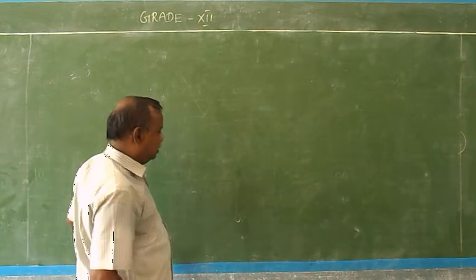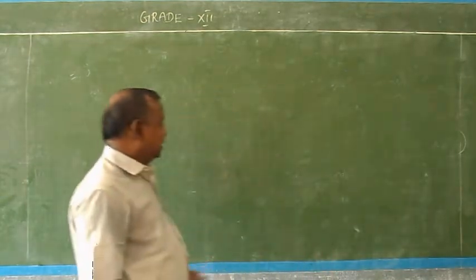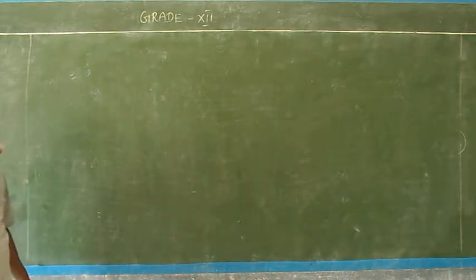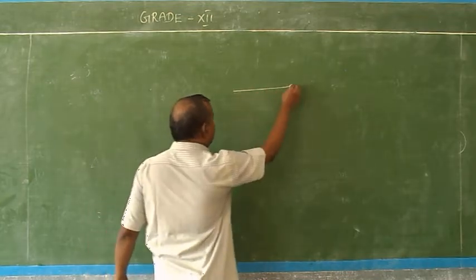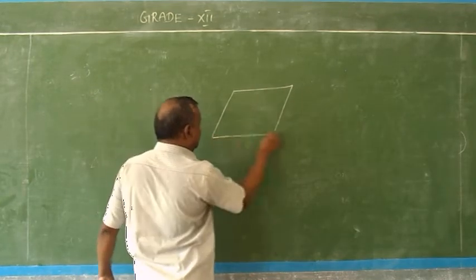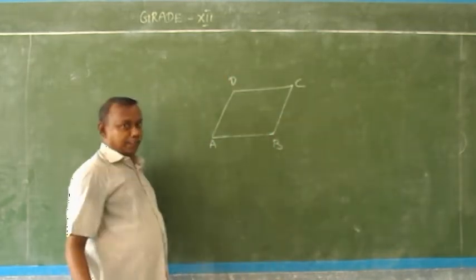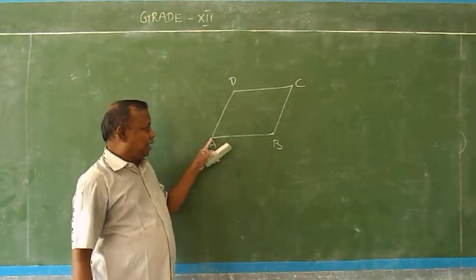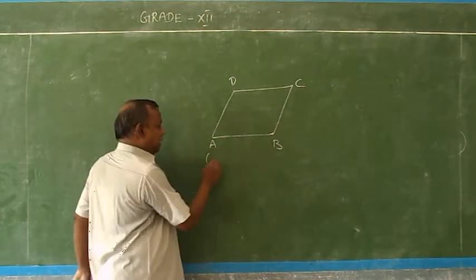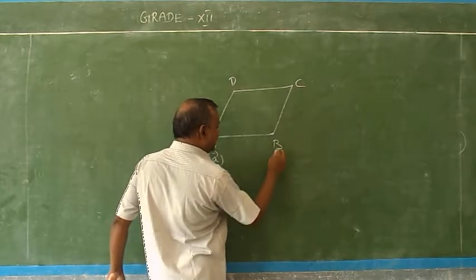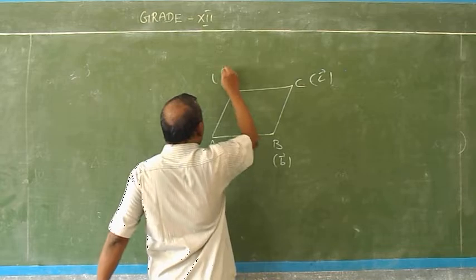There is one doubt. If you are given adjacent sides, we can do like this. But in many cases they give us vertices, so what do we do? Now consider ABCD is a parallelogram whose position vectors, with respect to some origin: A vector is the position vector of A, B vector the position vector of B, likewise C vector and D vector.